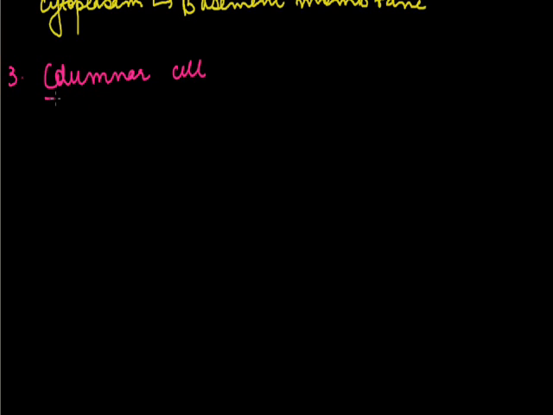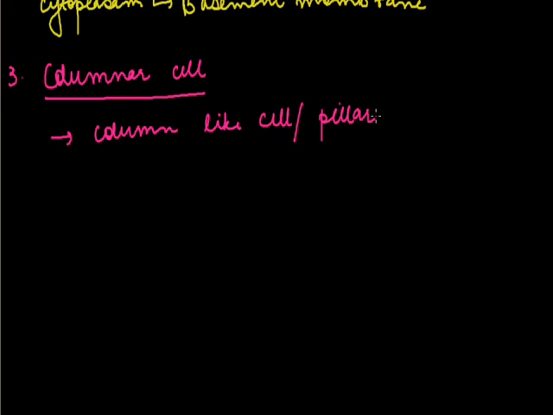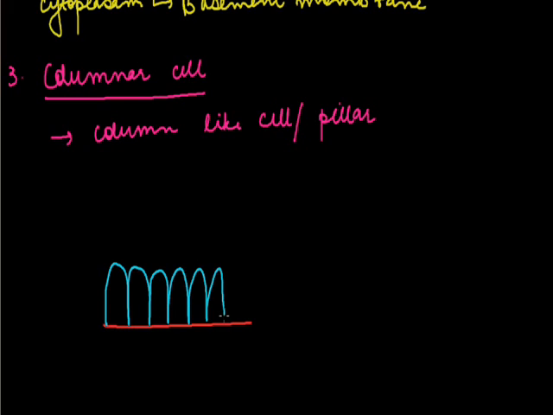Now third is the columnar epithelium. Here also, as the name suggests, they are column-like cells, or also pillar-like cells. Now we'll draw the diagram of it. Again, this is the basement membrane. They are tall column-like cells like this.